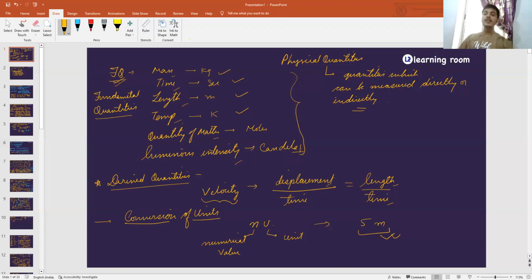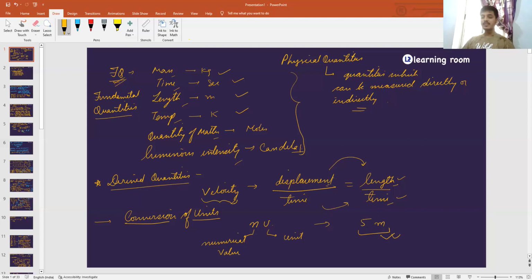For example, if I ask you to define velocity, how will you define velocity, Ananya? It's the distance by time. You can say displacement or distance by time. So what is displacement? Displacement is a kind of length, na? And time is already time. So you need length and time to define velocity, isn't it?